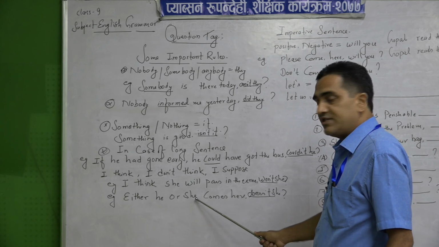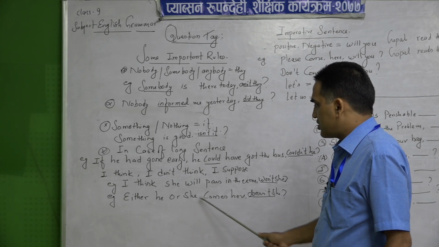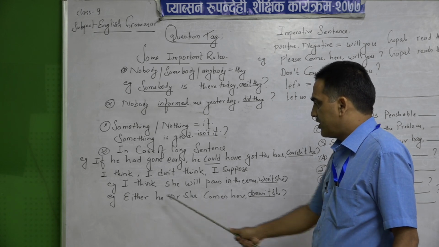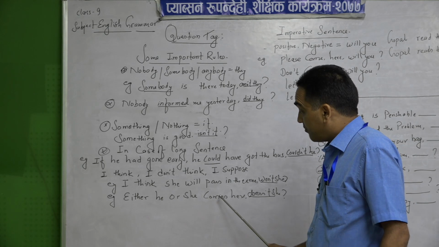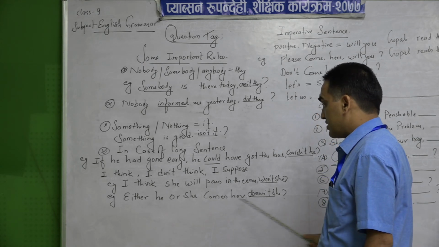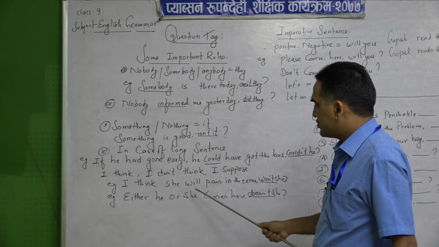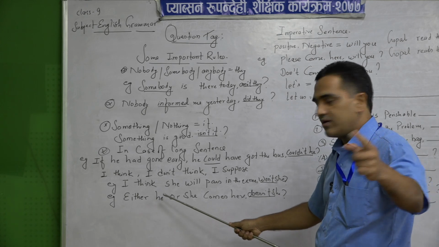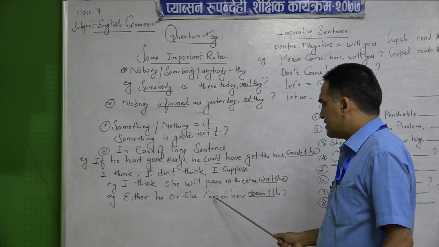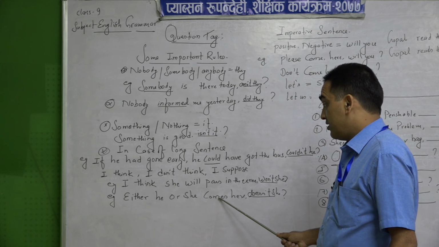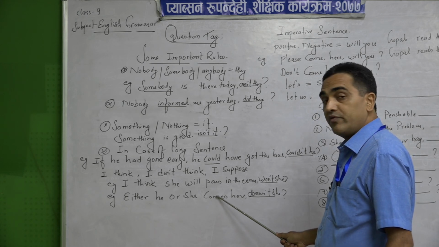There are two subjects, but according to the one nearest to the verb, we should write the question tag. For example, either he or she comes here. Either he is the first subject, but she is nearer to this verb comes. That's why according to this verb we should write the question tag.